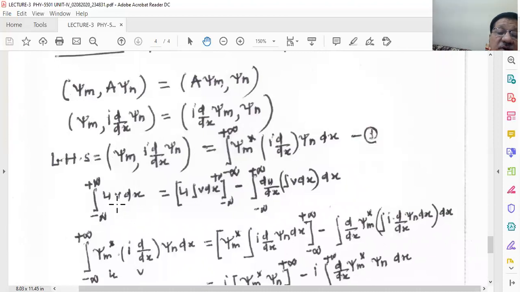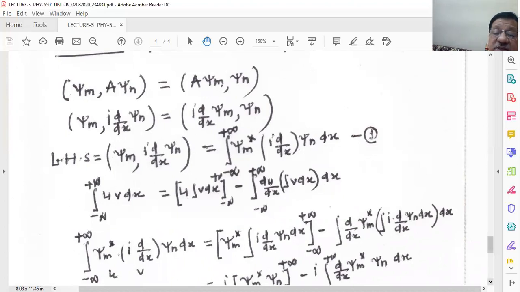The rule says that you take u times the integration of v dx, apply the limits from minus infinity to plus infinity, and then minus the integral of the differentiation of u with respect to x, du by dx, times the integration of v dx, integrated with respect to dx. This is the law which you people know. We have used this law many times, so you are familiar.